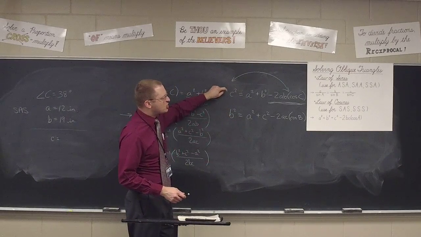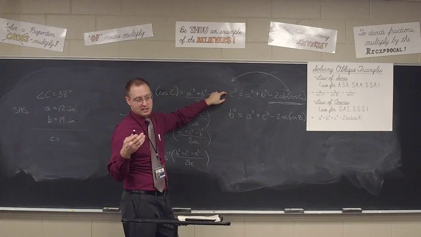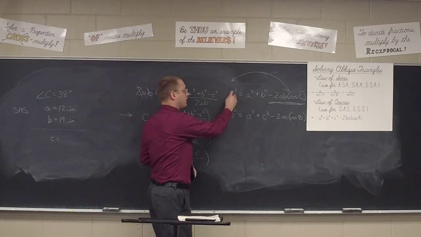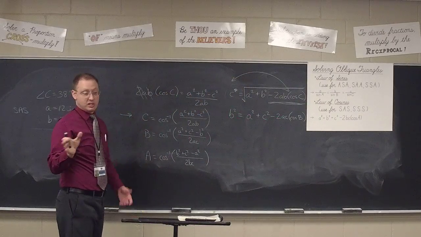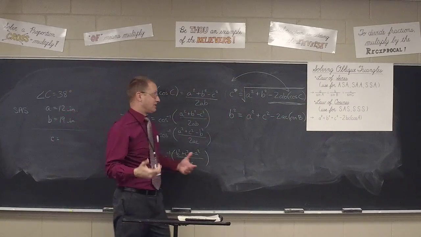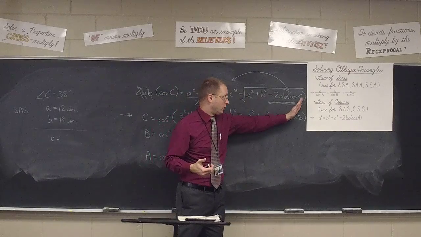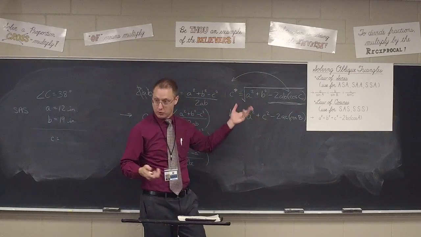But this is actually c squared. I just want c. So I'm going to end up having to take the square root of all of this. You two both have the same calculator I do, and it's an indirect entry. So what we'll do is we'll enter all of this first, then take the square root at the end.